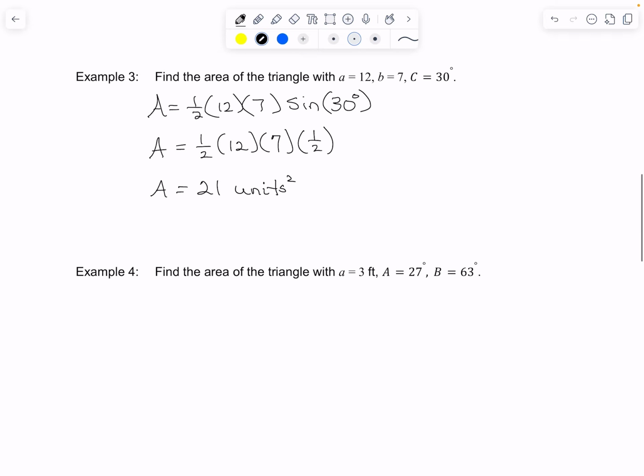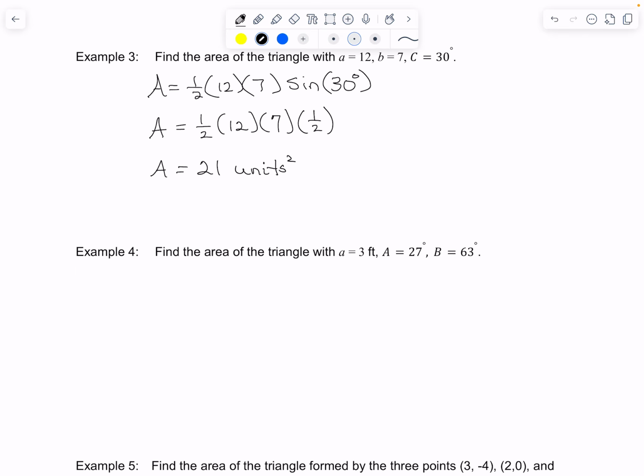All right, then example 4. Find the area of the triangle with side A being 3 feet, angle A being 27 degrees, angle B equaling 63 degrees. Well, that's got a side and 2 angles.